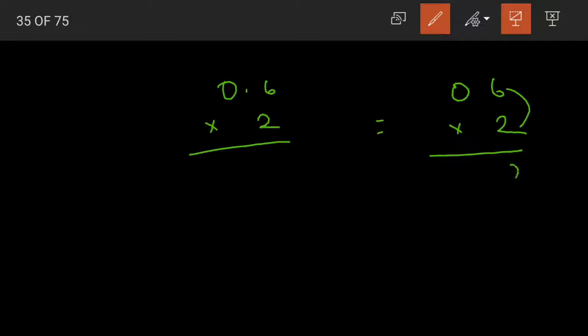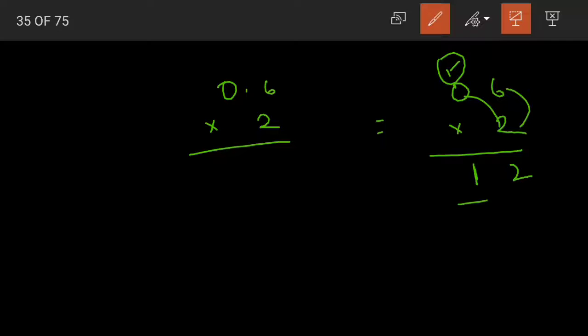See, consider this as a whole number itself, 0.6 into 2. Forget about the point. 2 6s are 12, 2 here 1 carried. 2 zeros are 0 plus 1 gives us 12 as our answer.